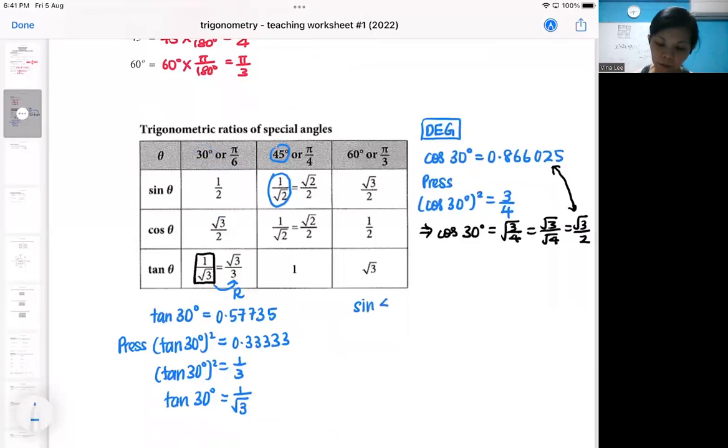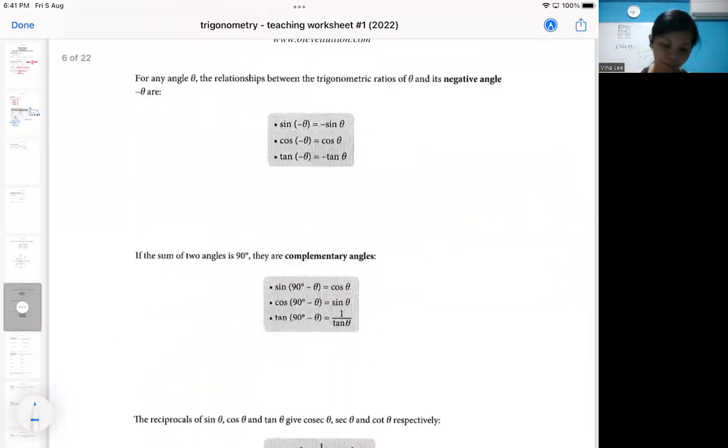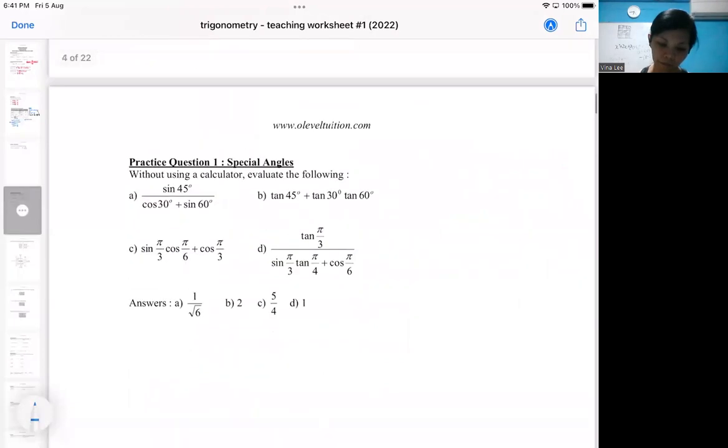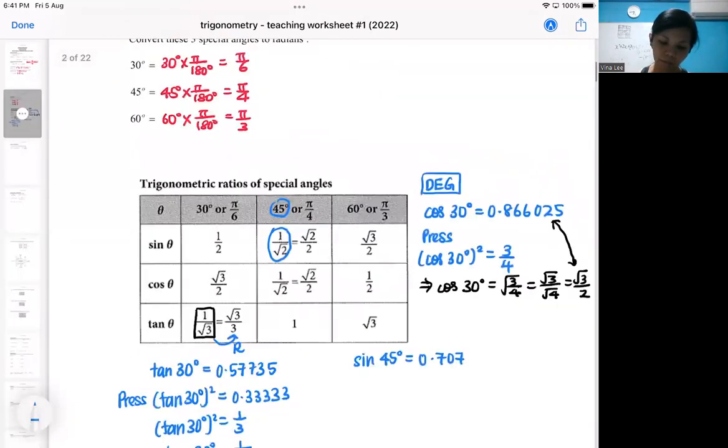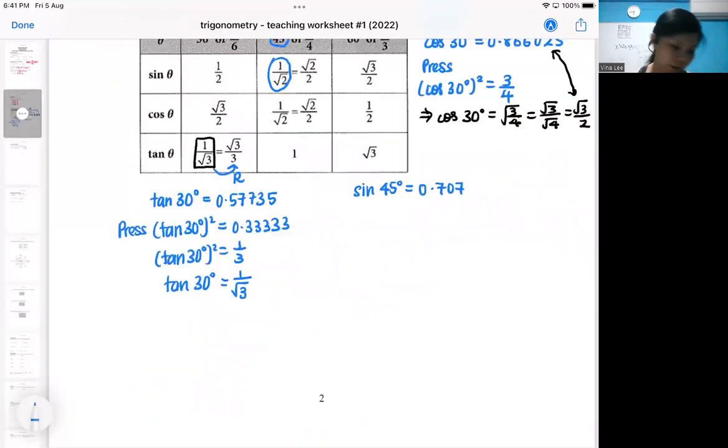Sine 45 degree will not give you the 1/√2. If you punch the calculator, it will give you a chain of decimal. So either you go and memorize that, oh, this one I recognize is 1/√2, or you go and punch a squaring on your calculator.